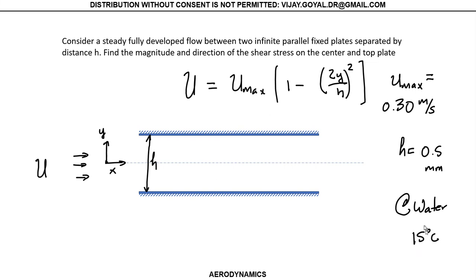Okay, and what we want to find in the problem is the magnitude and direction of the shear stress at the center and top of the plate. So first of all, if you plot this flow, it will look something like this.